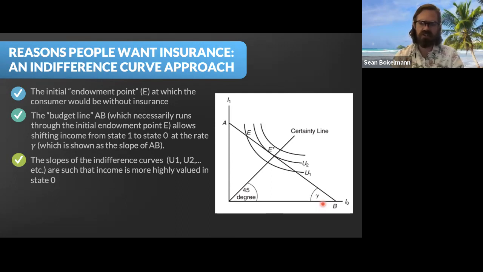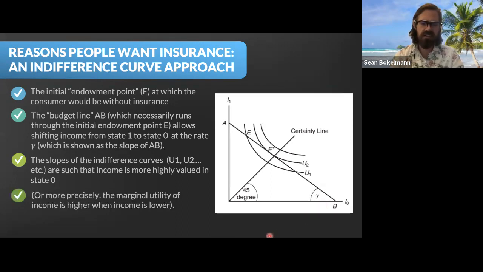In other words, the marginal utility of money is higher when income is lower or when health is lower. I think a better way to say it is the marginal utility of income is higher when income is lower. Well, that's true, but also you could think of it as health being lower or the state of the world being worse, I guess, right?